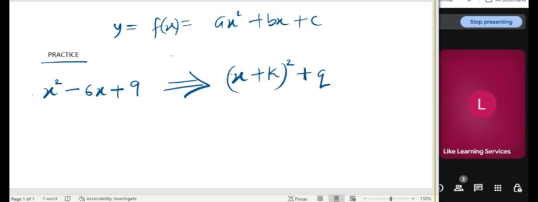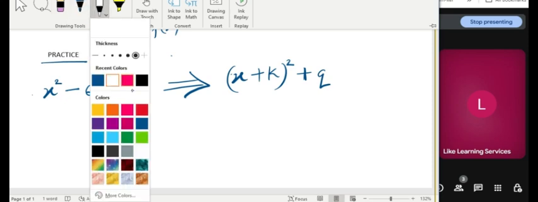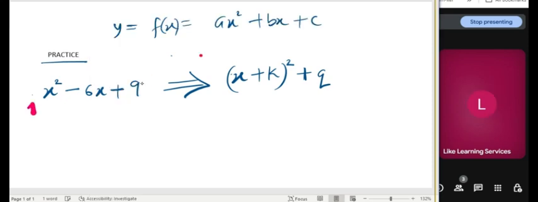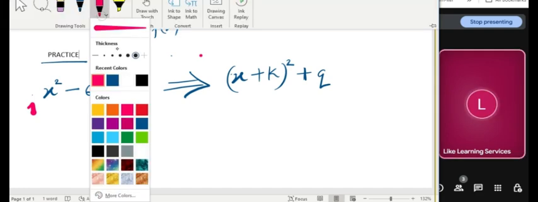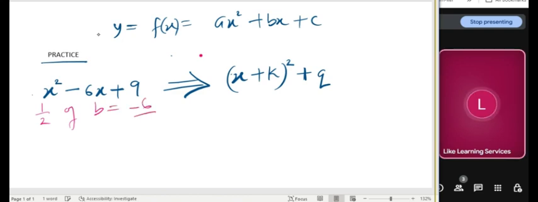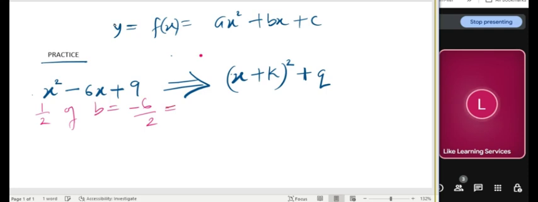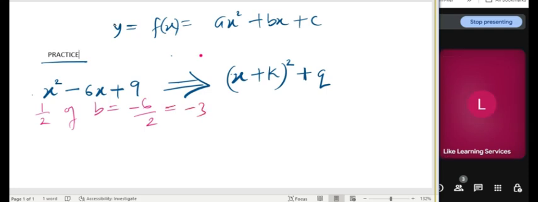So, like you already know, half of b is minus 6 over 2, I mean half of b, that's divided by 2. Minus 6 over 2, which is minus 3.